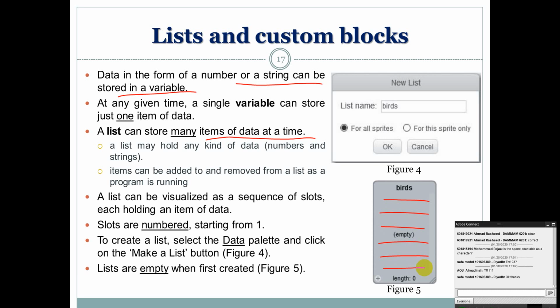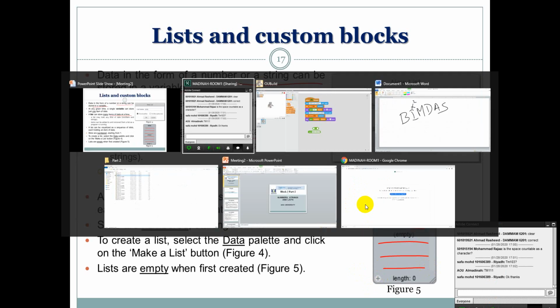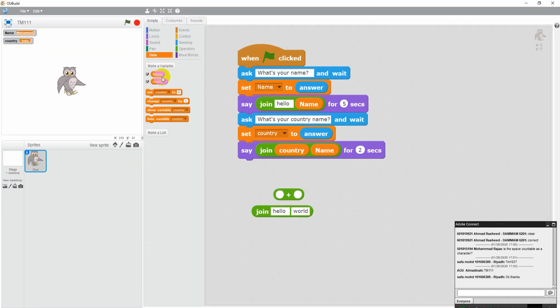So you can see on the screen the list, for example, the list of birds here. When you create a list in the OUBuild, you use this option, make a list, in data.